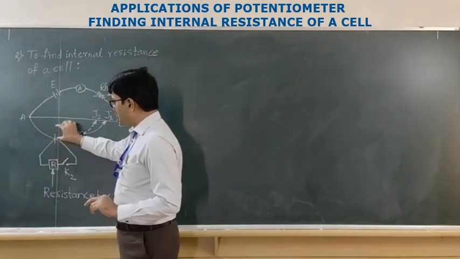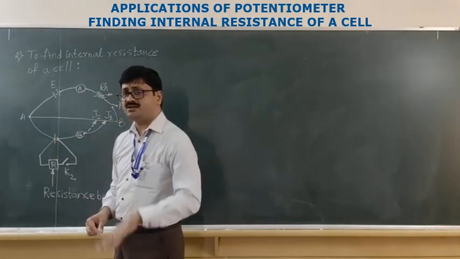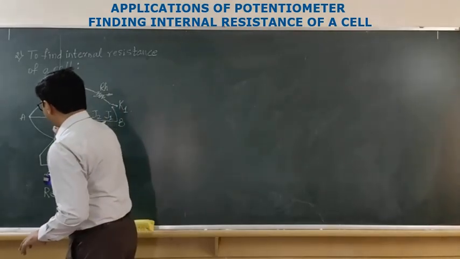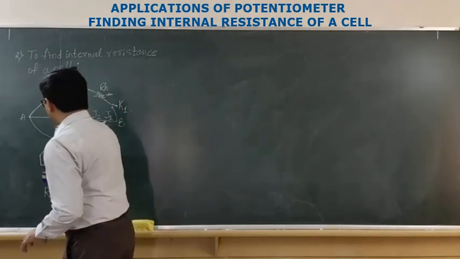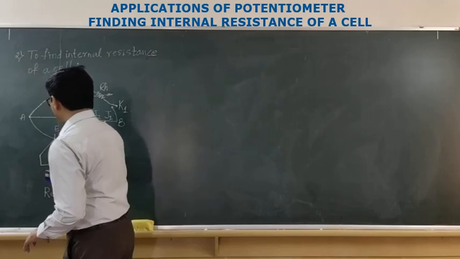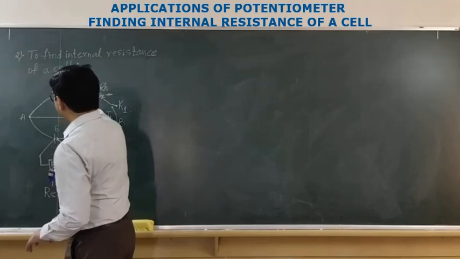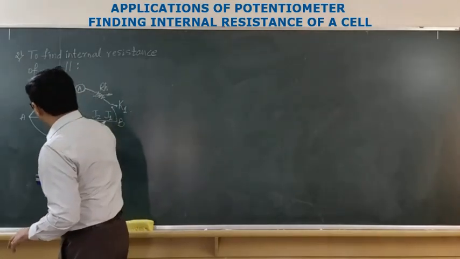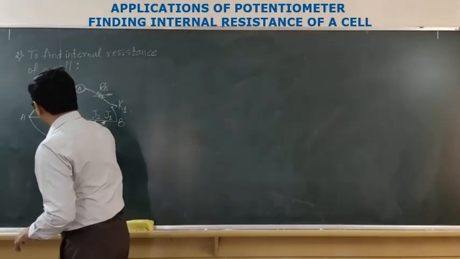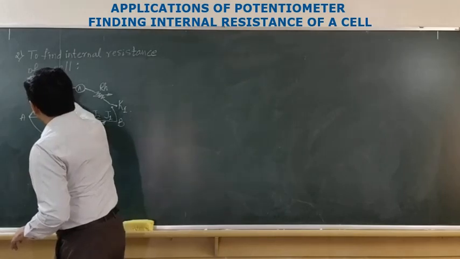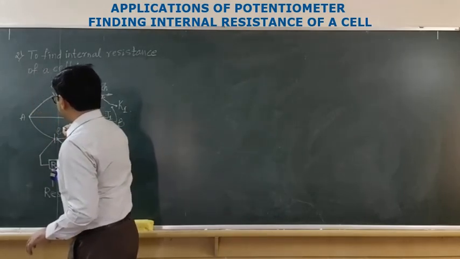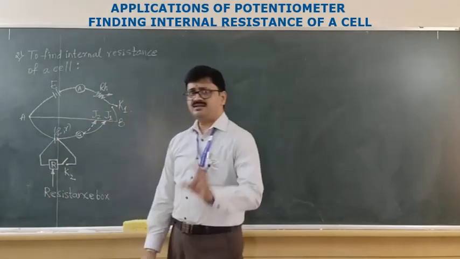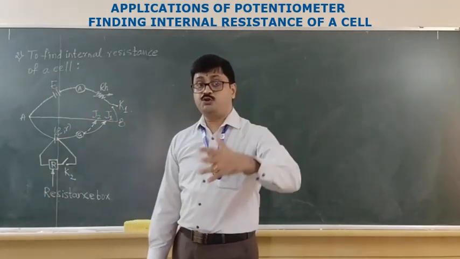And secondly, we are considering the cell whose internal resistance has to be measured. I will consider the EMF of the cell as a small e, and its internal resistance I will take as small r. These are the symbols that we will assume.